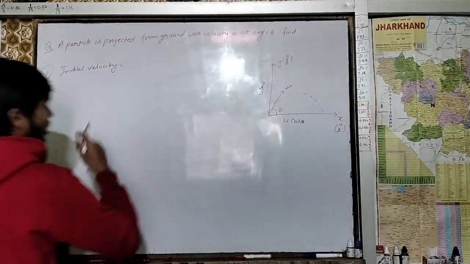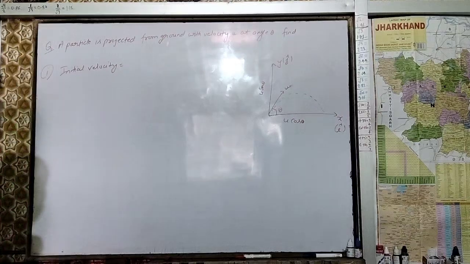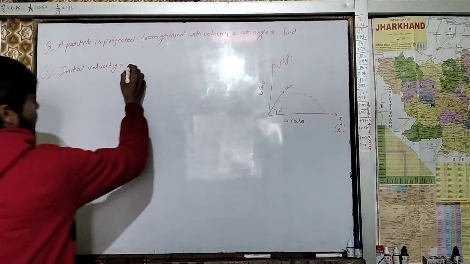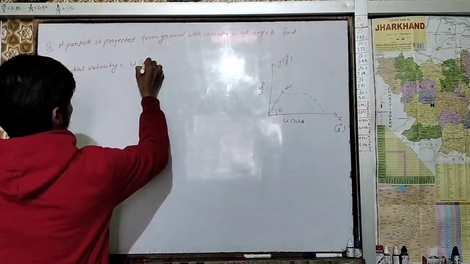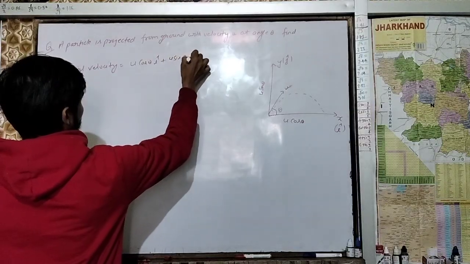So finally, you can say initial velocity is u cos theta i cap plus u sin theta j cap.